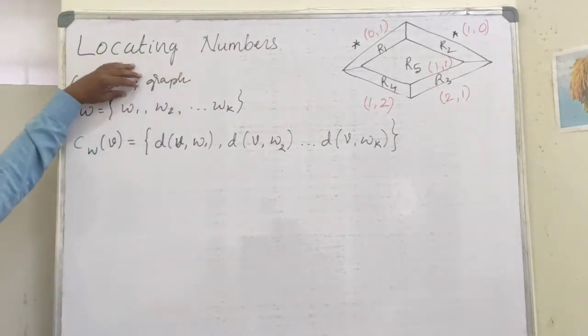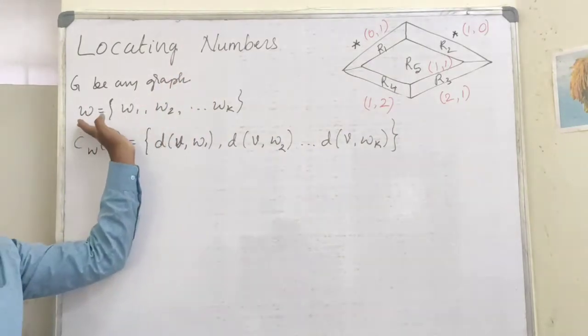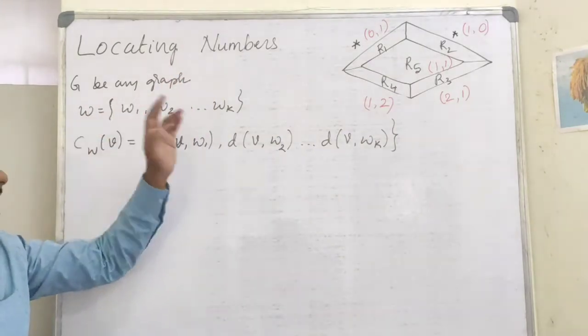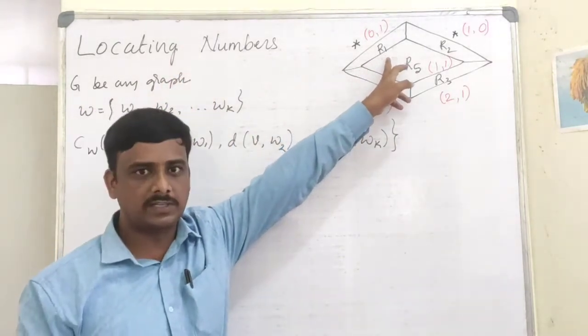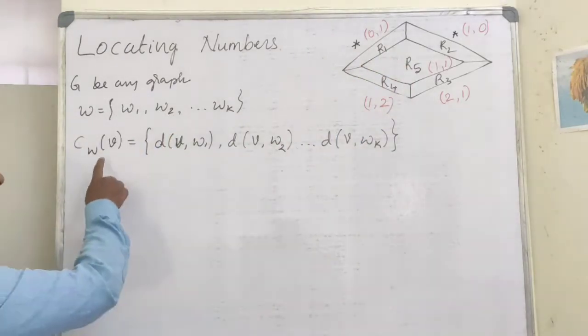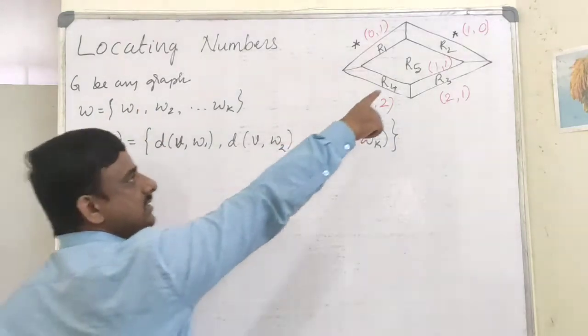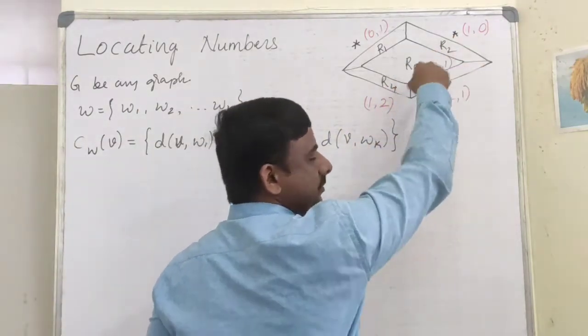So, given a graph, given a complex, I am taking some set of vertices, just like I considered R1 here to place a sensor. Then I have to assign a code to each vertex in the graph, just like I assigned a code to each room.